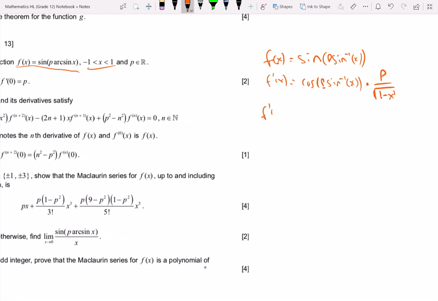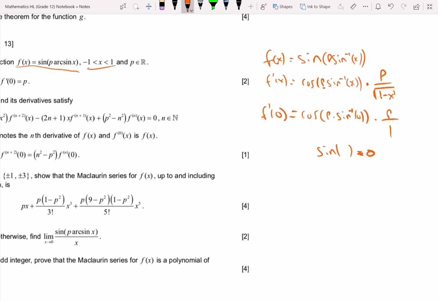We're trying to show that f prime of 0 equals p. So if I plug in 0, I'm going to get cosine of p times sine inverse of 0, times p over square root of 1, so p over 1. So sine inverse of 0 says that sine of something equals 0. Sine of what gives me 0, for x values between negative 1 and 1?